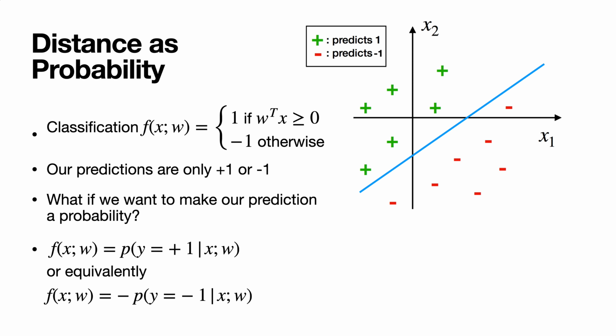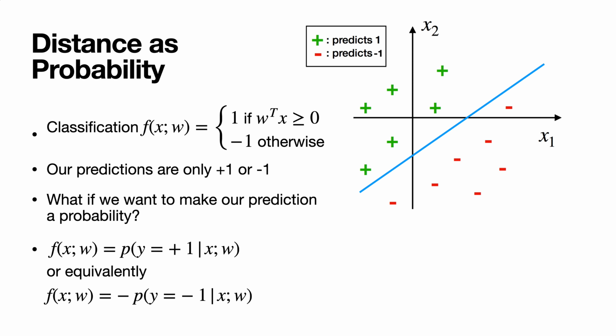We need some sort of squishing function that prevents things that are infinite from going above +1, or things that are negative infinite from going below 0, because these are probabilities of a particular data point having the label positive class given X and W, where we know that W transpose X is going to be our distance measure.